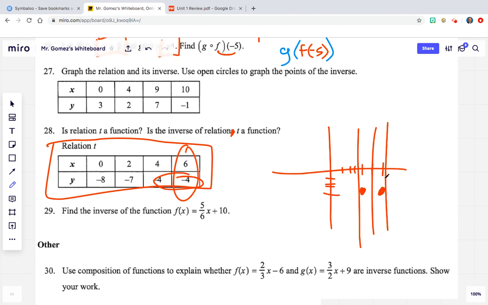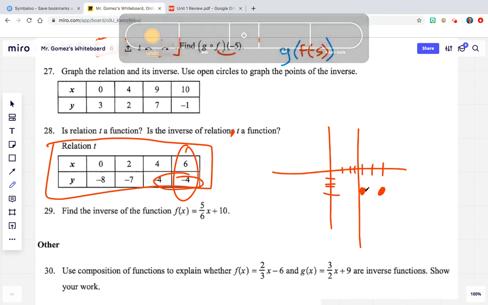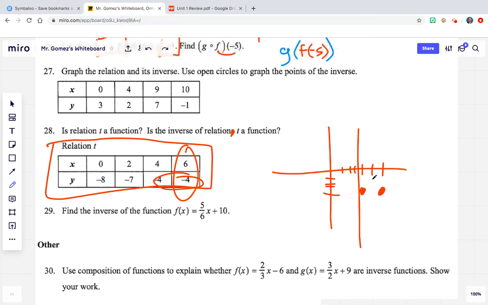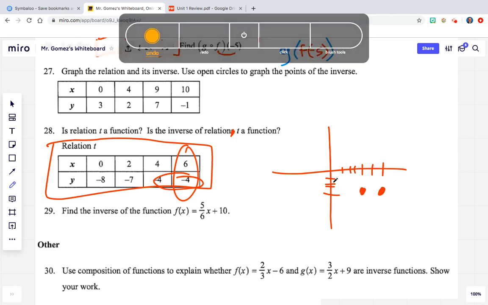Like if you had one line that you were scrolling through, like that metal detector analogy we used in class, it's not going to fail and double beep because you have two different x's, not the same x with two different y's. Okay, so if you need to graph this, by all means do so, just to make sure that it's good to go as far as the vertical line test.